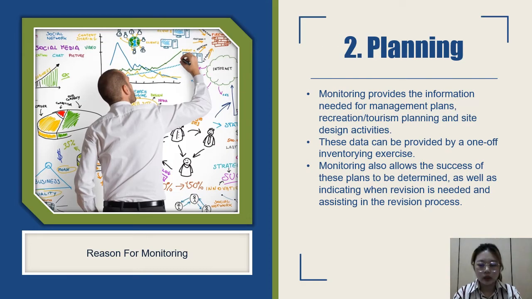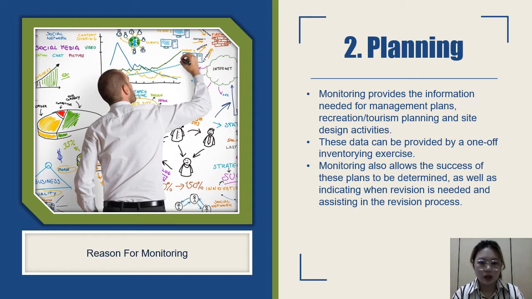So the second reason for monitoring is planning, because the monitoring provides the information needed for management plans, recreation or tourism planning, and site design activities. The essential data for planning include visitor numbers and characteristics, activities, resource impacts, patterns of use, satisfactions, and expectations.